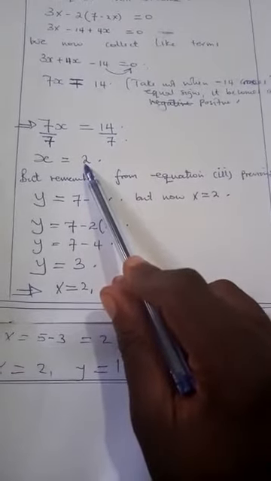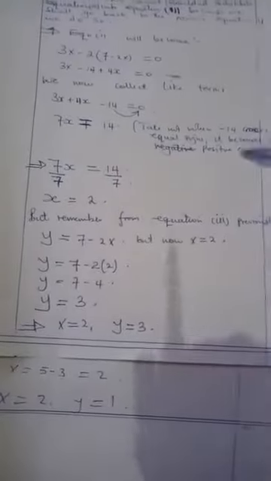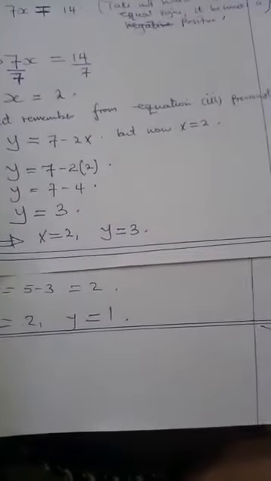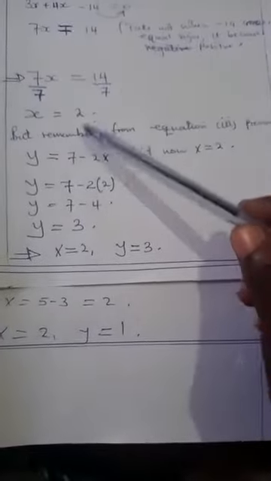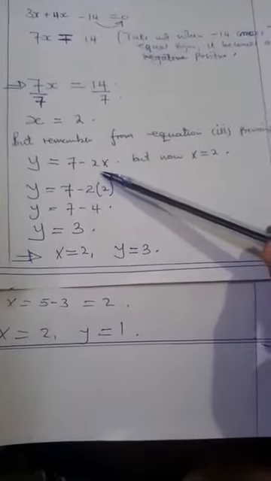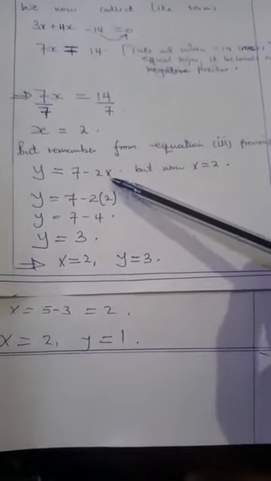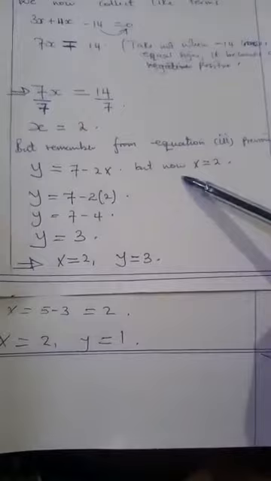Having solved for x, now we need to find the value of y. If you remember our equation 3 that we made, it is somewhere here. We had that y is equal to 7 minus 2x. But our x now is 2.